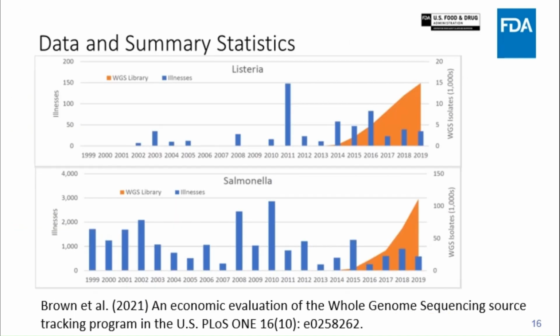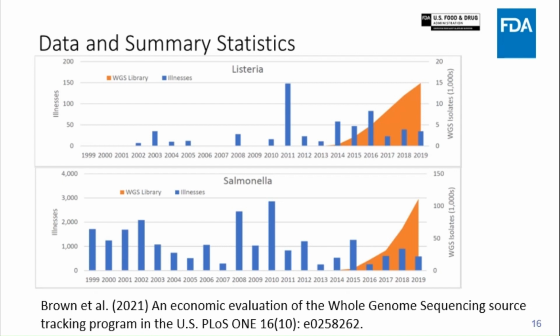So at FDA, we did a different kind of study. Essentially, this is a model of how much averted illness is going on with the adoption of genomics. And the blue bars represent a food safety system that's counting up the number of outbreaks, the number of clusters, which foods were associated with which outbreaks, and the root cause of outbreaks.